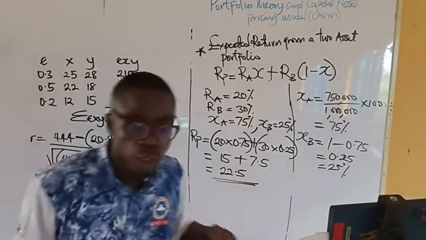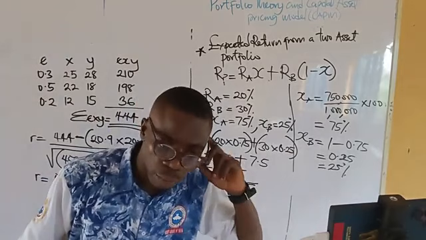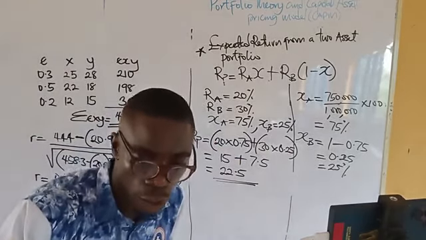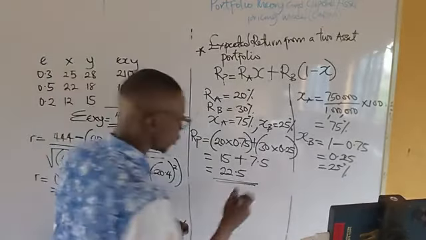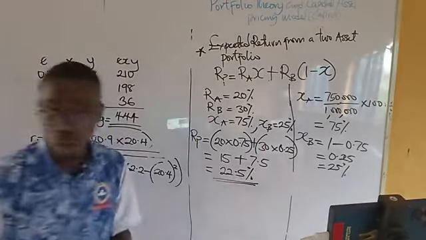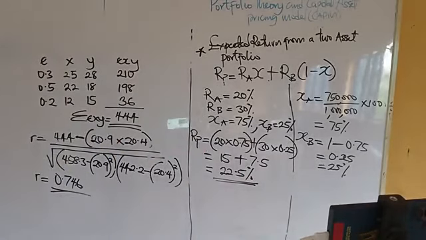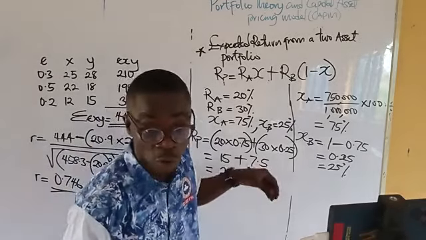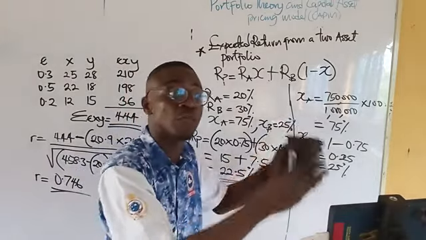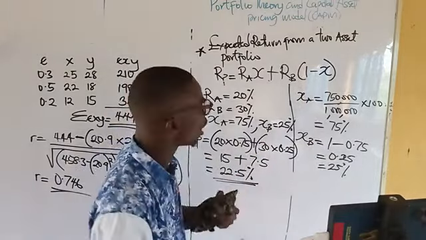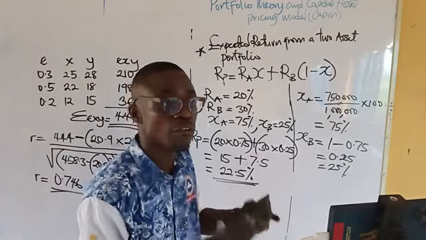Now let me go to sir. Yes, 22.5%. Yes, that is the expected return of the portfolio. A portfolio is just a combination of both investment A and B, and what you are expected to get for those two investments.